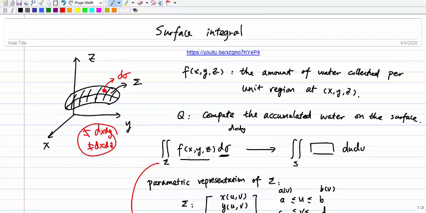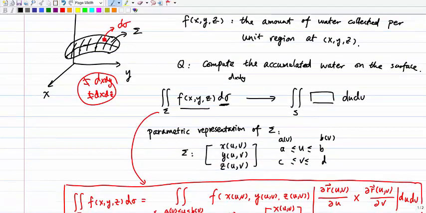So we have to rewrite the surface integral in a way that we can solve. As I mentioned last time, the main idea is to rewrite this into a standard double integral, so we can compute the integration. Today I'm going to talk about how to compute that.